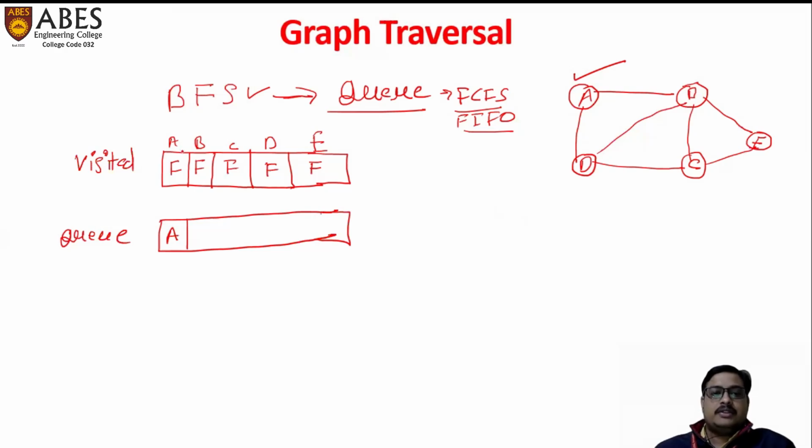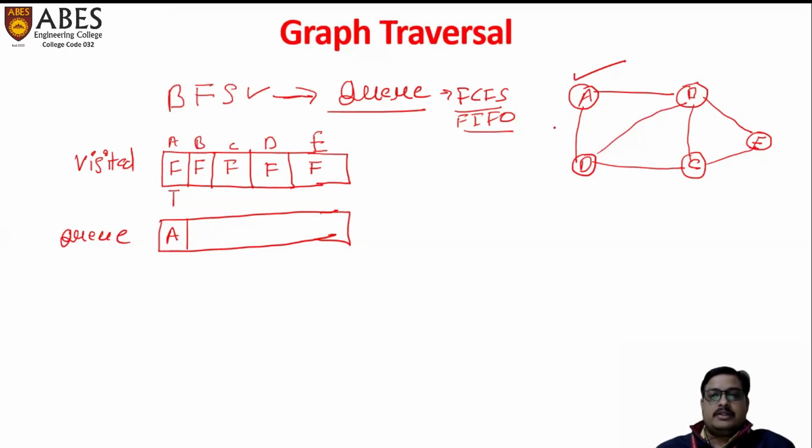So the status of this vertex A will be true in this visited array. Okay. Now, after doing this, we'll find out all the adjacent vertices of A.